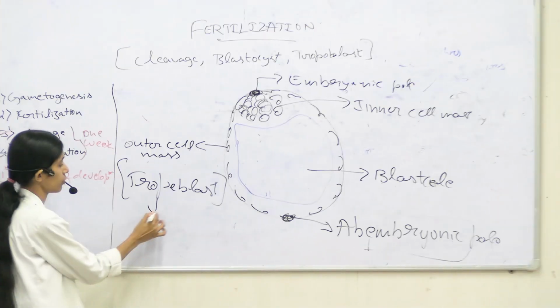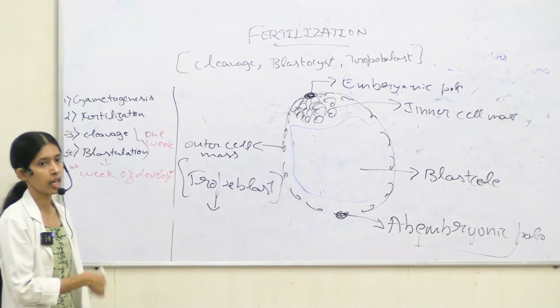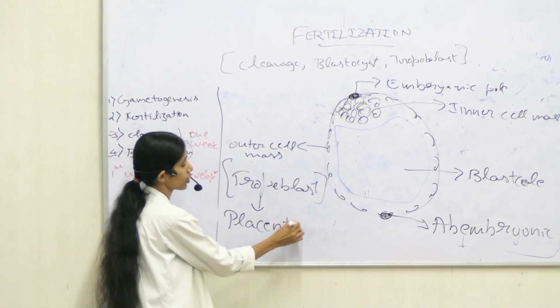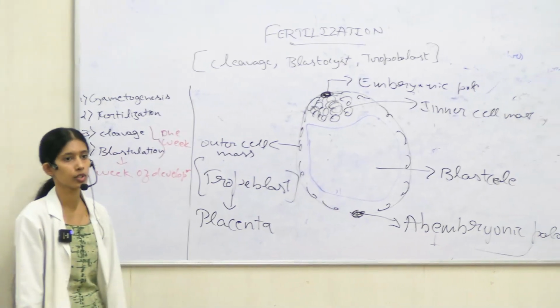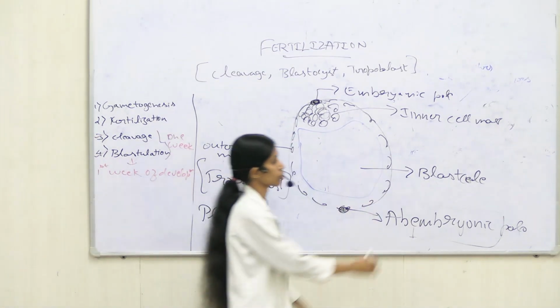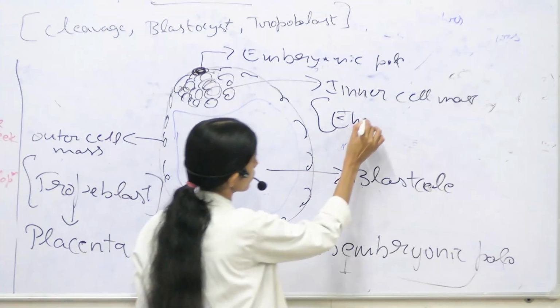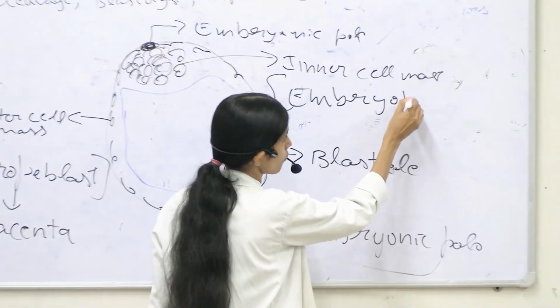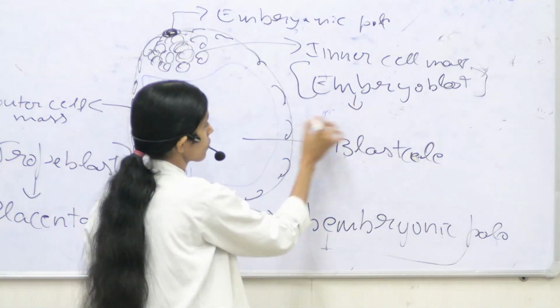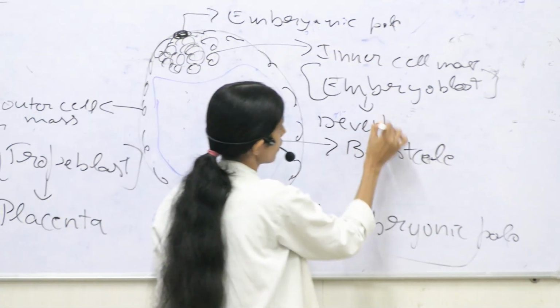Okay. This will give rise to or helps in the formation of placenta, which provides nutrition or required nutrients to the developing embryo. Okay. The inner cell mass is called as embryoblast. This is called as embryoblast. Okay. This embryoblast will help in the development of the embryo.